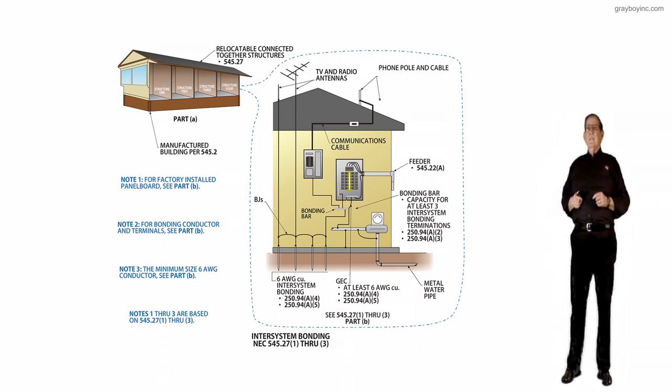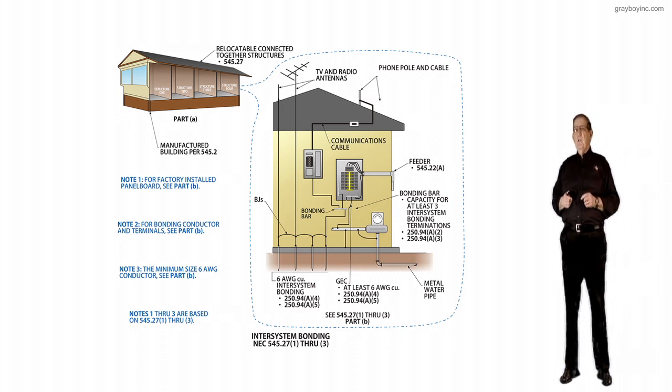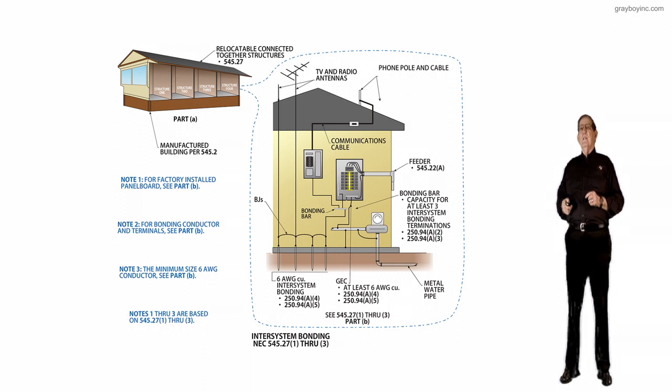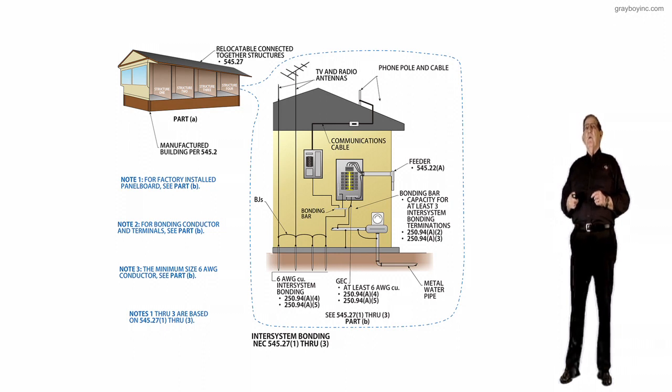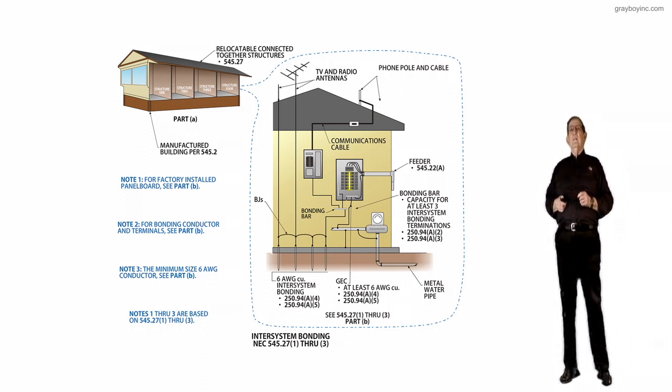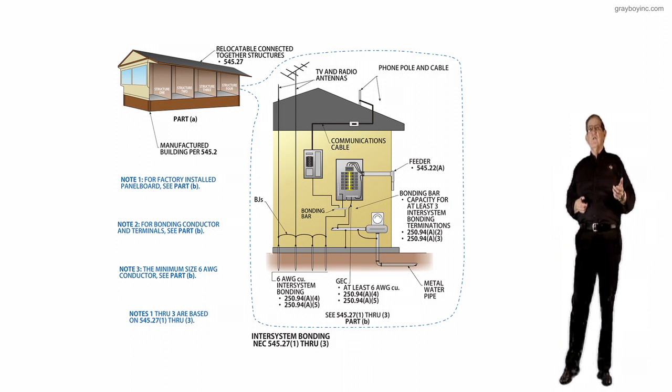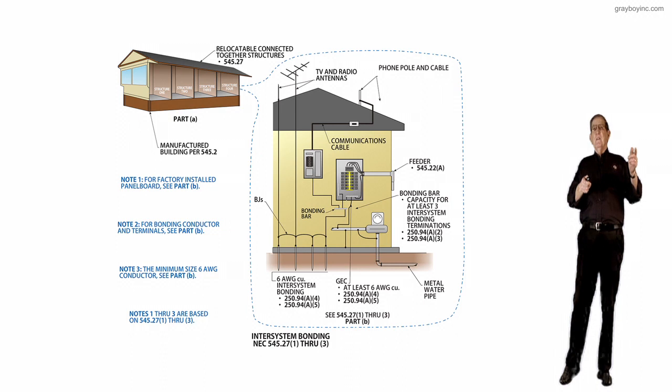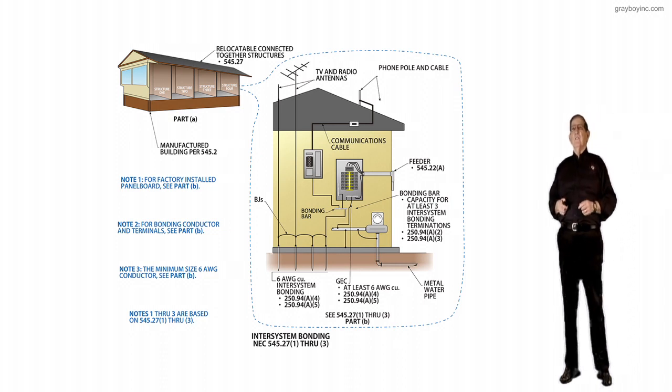Now, let's just review the boxed-in information showing the building that is pointed toward these connected together structures of 547.27, and you can see that's the call out that's pointed to the building in the left upper corner of this illustration.